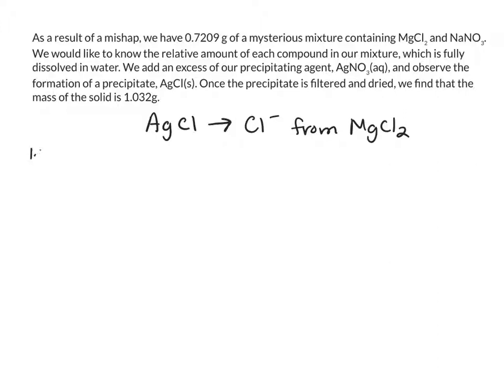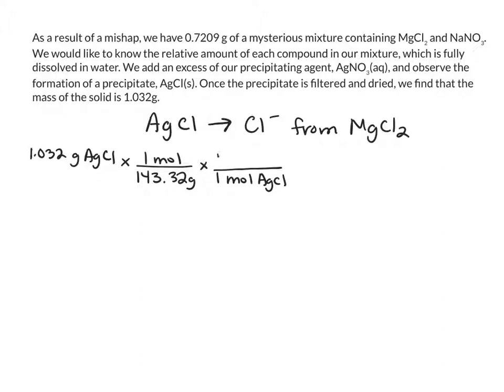So I've got 1.032 grams of silver chloride. I need to start by converting that to moles. The molar mass is 143.32 grams per 1 mole. Now I need to find for every 1 mole of silver chloride, I get 1 mole of chlorine ions.